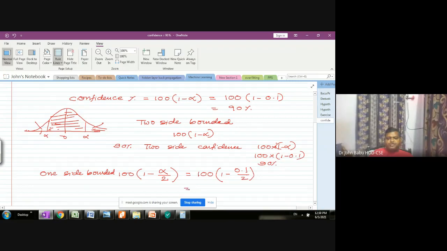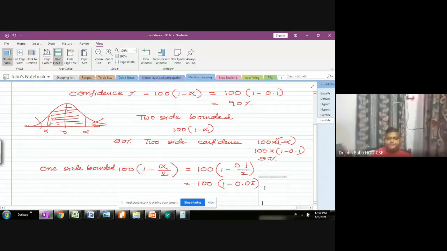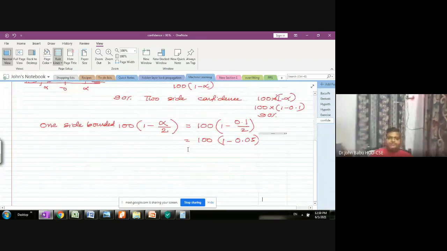That means 0.05. 1 minus 0.05 is 0.95, into 100, that means 95%.